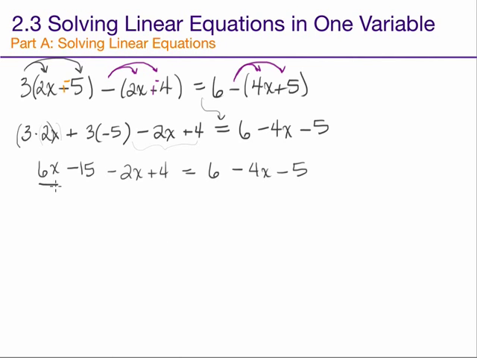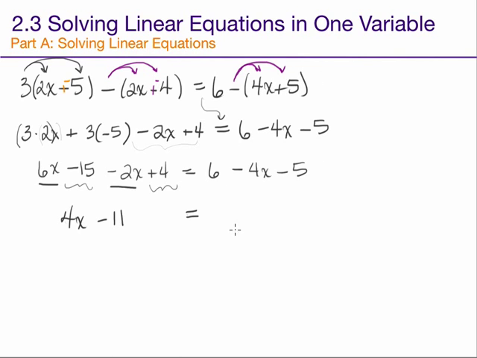I have 6 x's here, and I want to spend 2 x's, so I'm left with 4 x's. I have a debt of 15 ones, and I find 4 ones, so I have a debt of 11 ones. Notice that as I work through this problem, I'm keeping all of my efforts either on one side of the equal sign or the other.